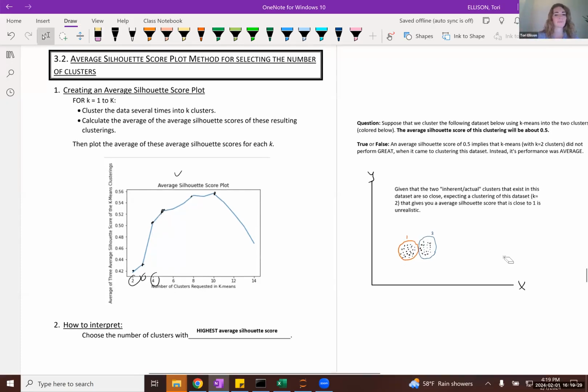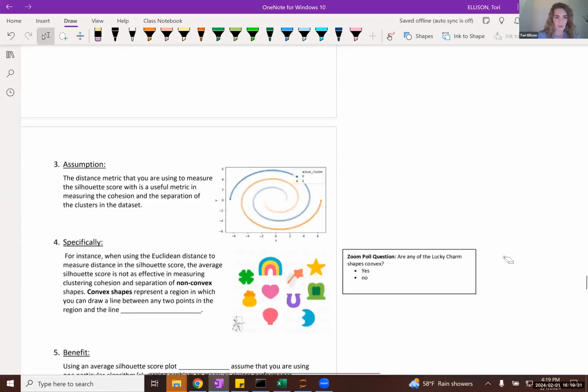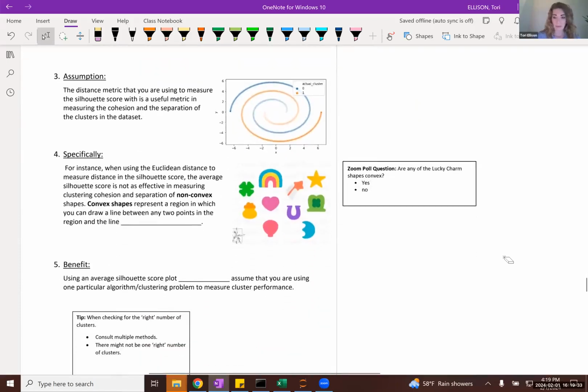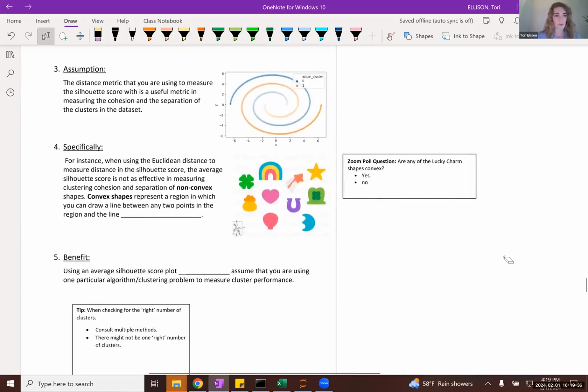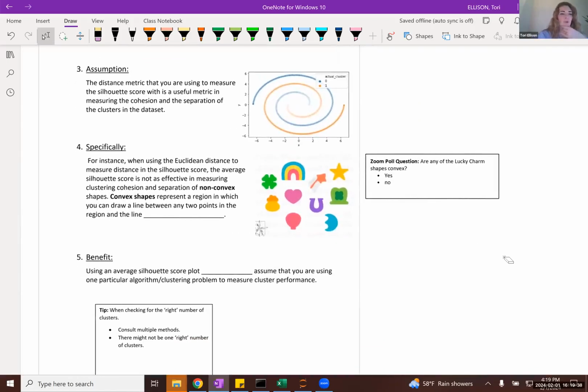Okay. All right, so just wrapping up with a couple of things we've already said before, with average silhouette score. In order for the average silhouette score to be an effective measure of cohesion and separation of a given clustering, you want to make sure that you're using a distance metric that is appropriate for the clusters that you're actually dealing with.